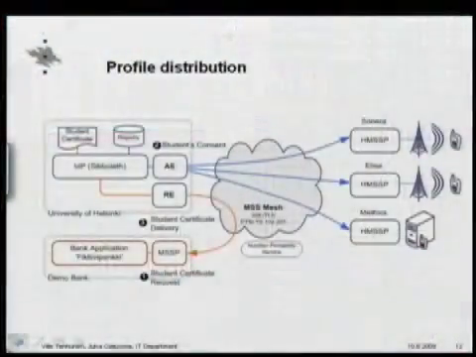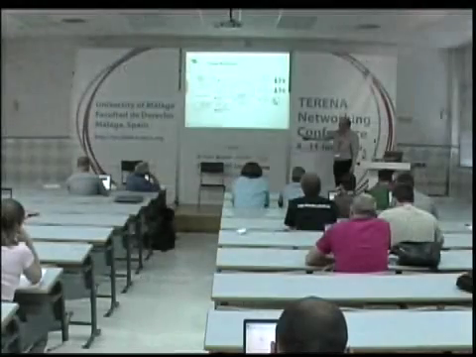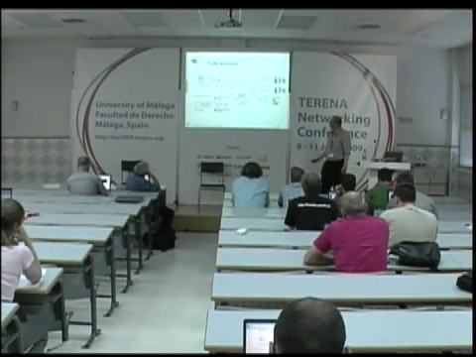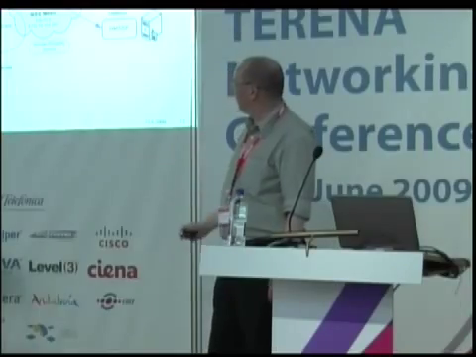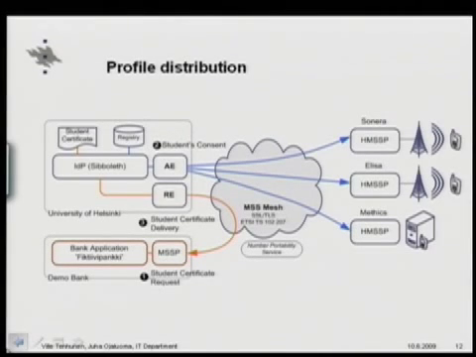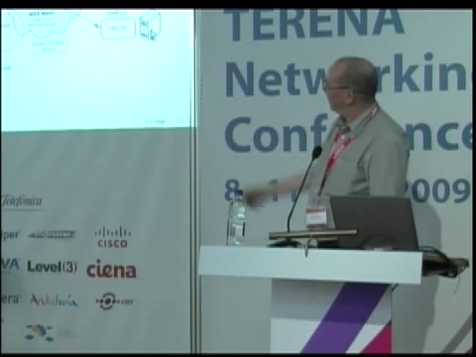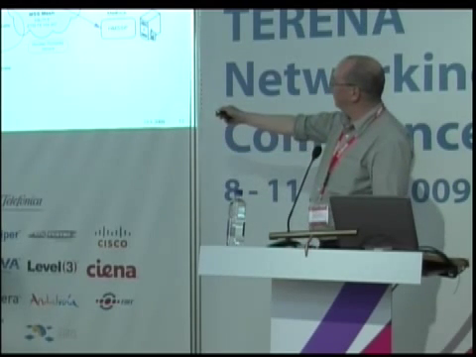A few words about profile distribution. The basic idea is that a student would like to have a student certificate, and he starts from the bank application. This is a fake name, Fiktiivi Pankki, but the student starts the process and gives consent, and then this MSSP asks the MSSP of the University of Helsinki whether it is possible to get a student certification from the University of Helsinki.